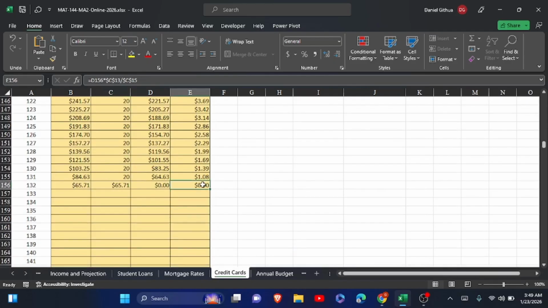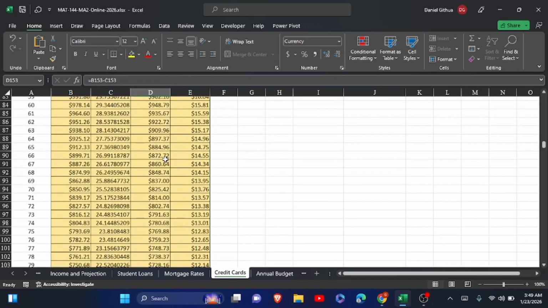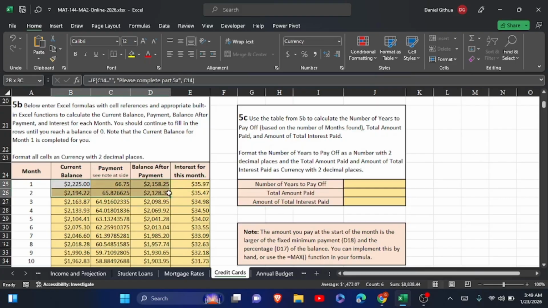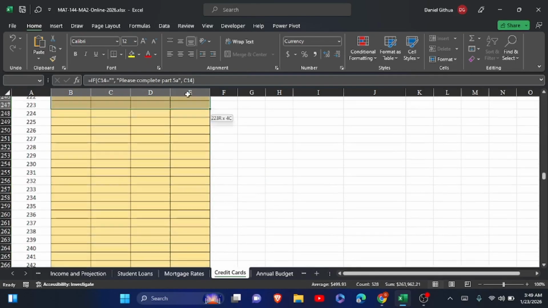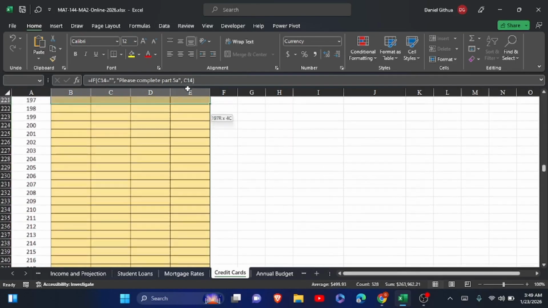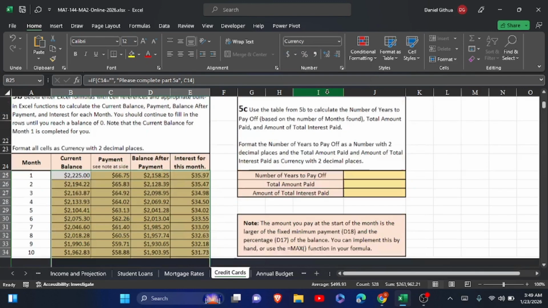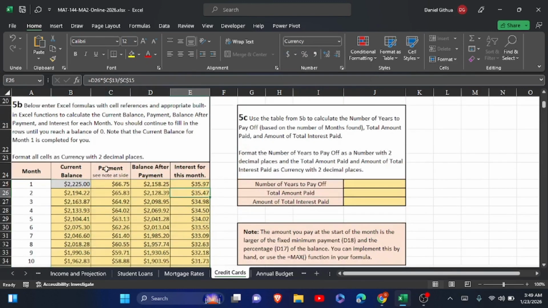The next thing is to ensure that they are in currency, and as you can see it's in currency. Let's drag the whole of it and ensure that it is in currency to 2 decimal places. Up to that point we are okay.